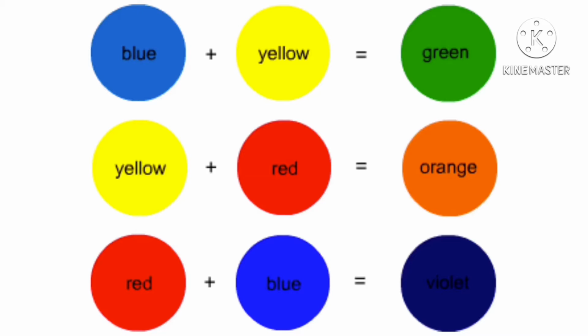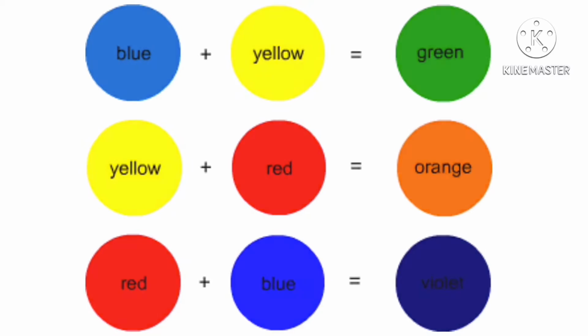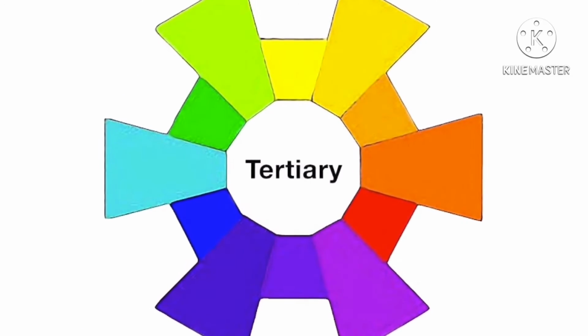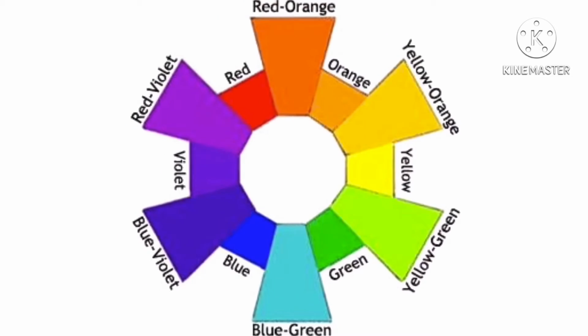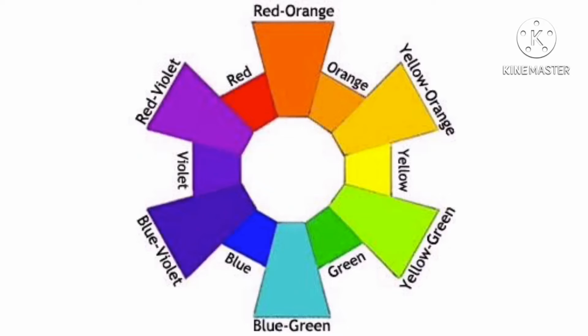Red plus yellow equals orange. Yellow plus blue equals green. And blue plus red equals purple. Tertiary colors are combinations of a primary color and a secondary color.